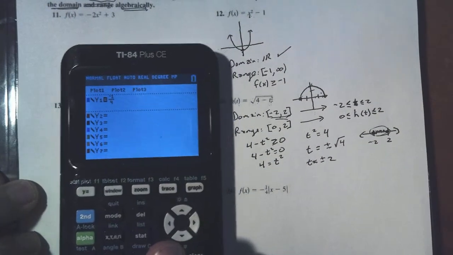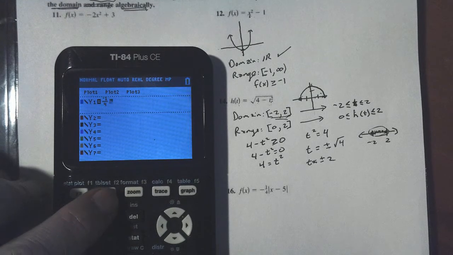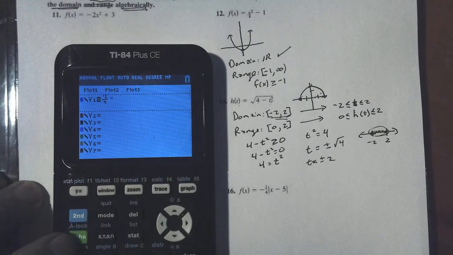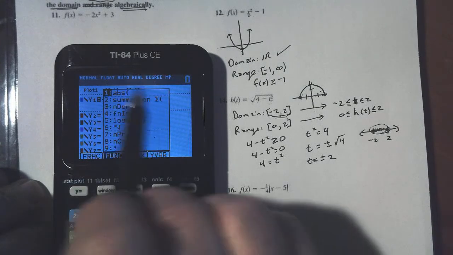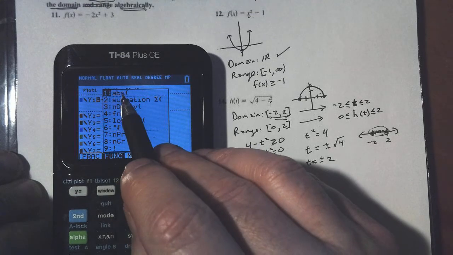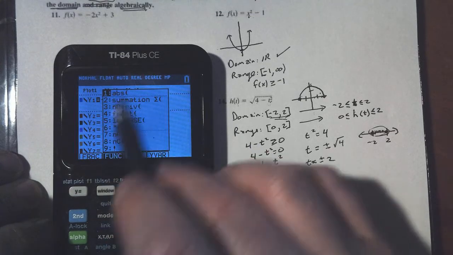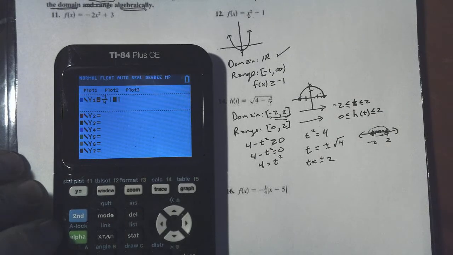And you're in luck because alphabetically absolute value comes early. But it's used so often that this F2 right here, function 2, which is alpha F2, these are the very commonly used functions from our catalog that are put together here for us.